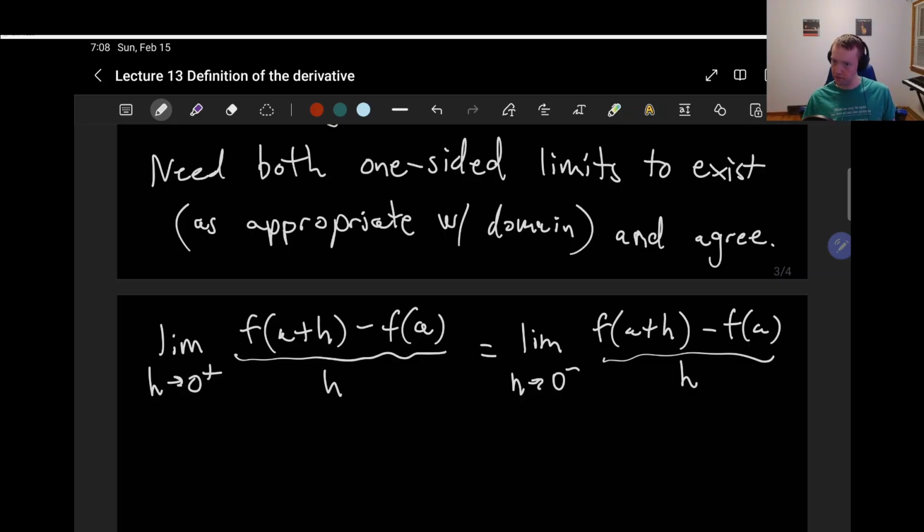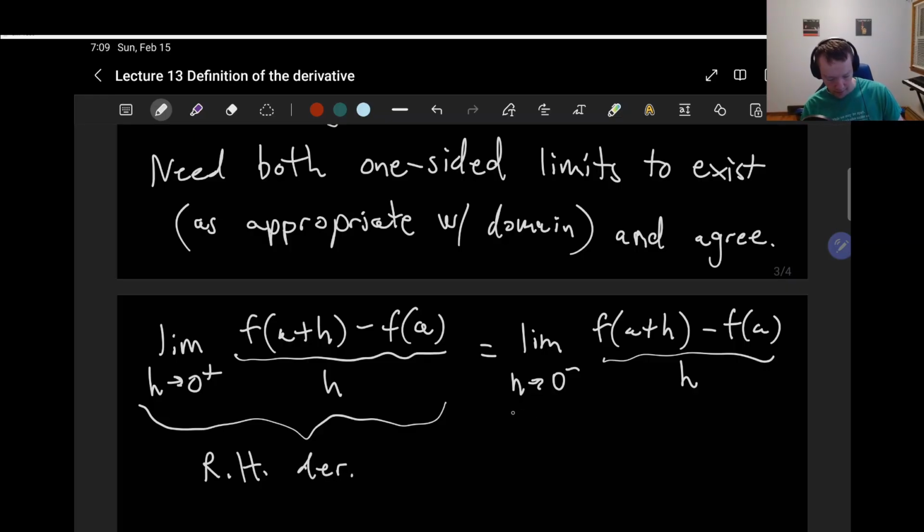So in order for your derivative to exist at a, these one-sided limits need to exist in the first place and then be equal, as I've written here. So we call this the right hand, RH, the right hand derivative, and the left hand derivative. And that's because we're approaching h from the right versus the left in these two examples.